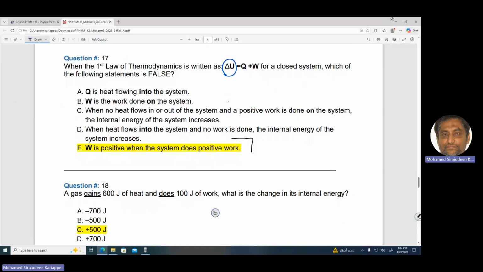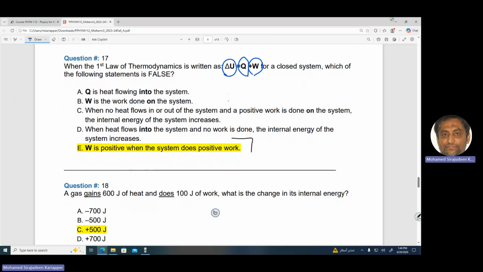It can be positive, negative, that's a different story. Q is the heat into the system, right? The definition is heat flowing into the system. And W is the work done on the system.